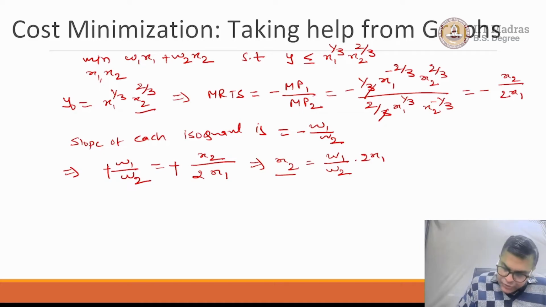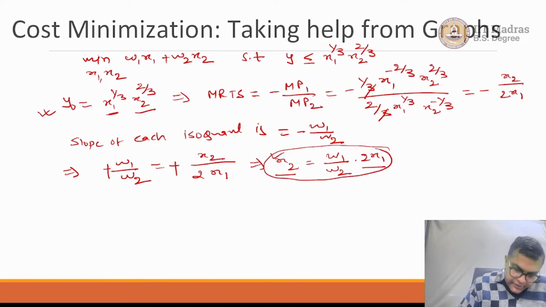So we got x2 as a function of x1, and that again we can use, because we have to produce at least y0. So we can get the amount of x1 by plugging the value of x2 from here to here.